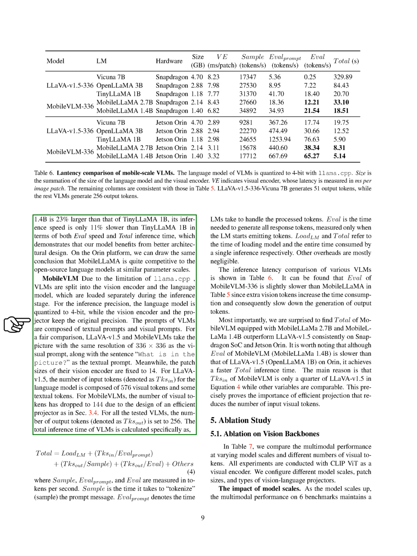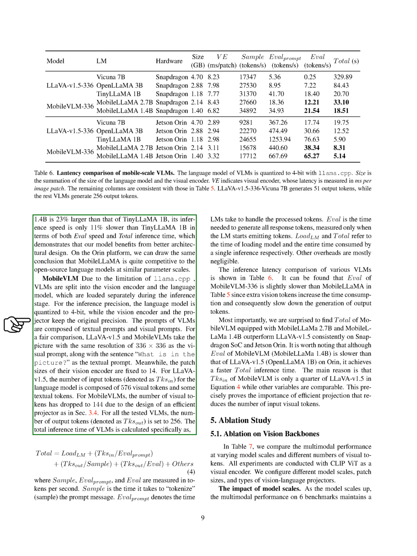On the Orin platform, MobileVLM is quite competitive with the open-source language models at similar parameter scales. Due to the limitation of the llama.cpp framework, VLMs are split into the vision encoder and the language model, which are loaded separately during the inference stage. The prompts of VLMs are composed of textual prompts and visual prompts.